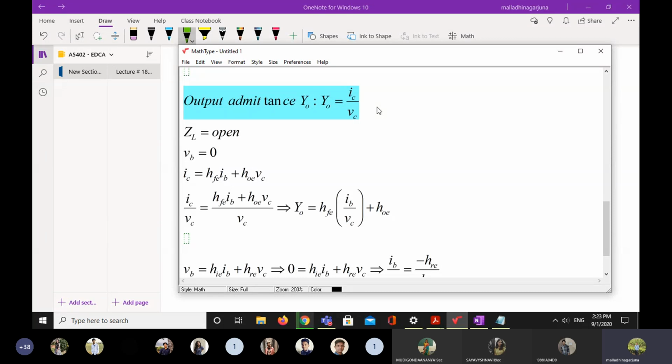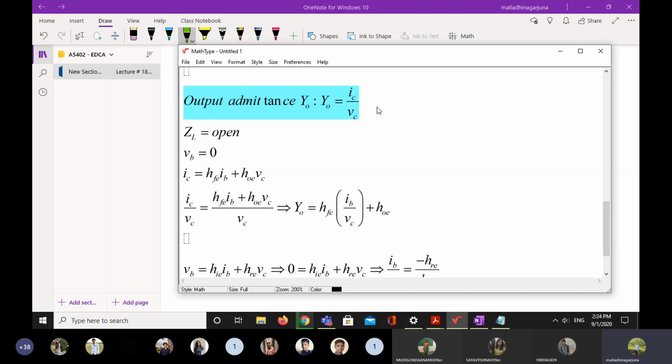Why? Because we are going for the complete output parameter, so output impedance is very important. In the later section, like multi-stage amplifiers, the output impedance of the first stage will act as the input impedance of the second stage.